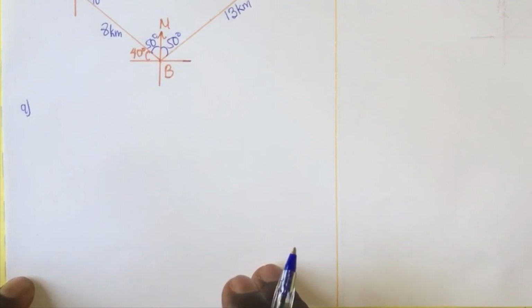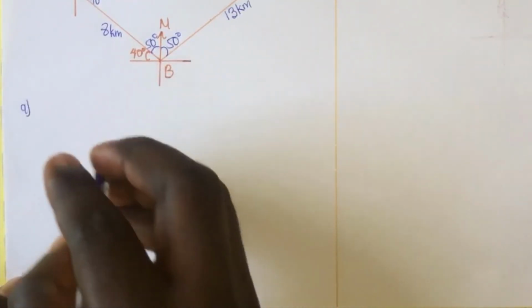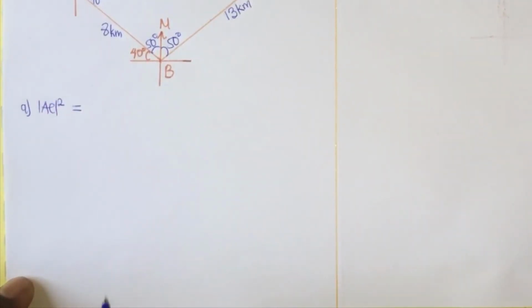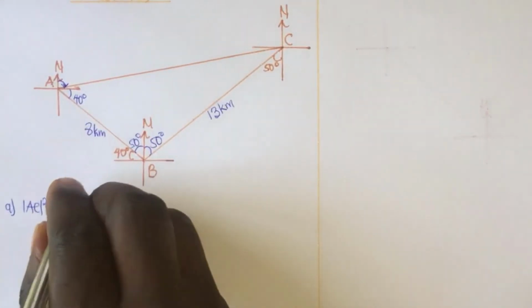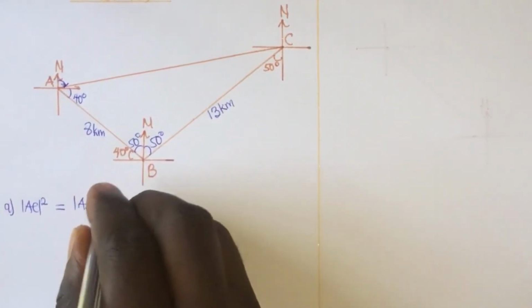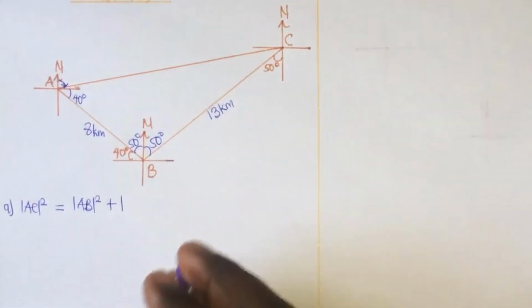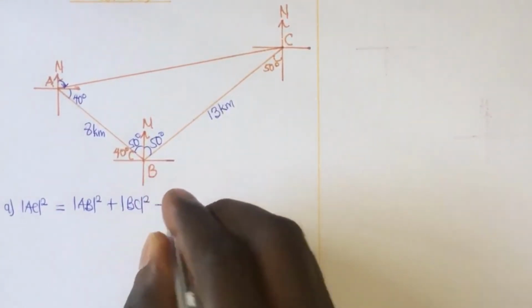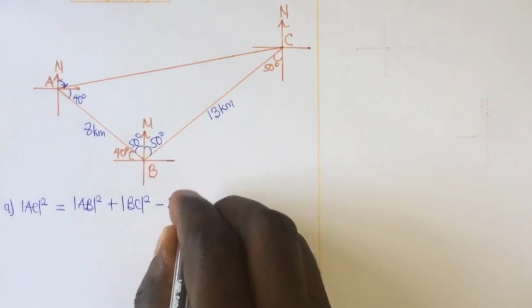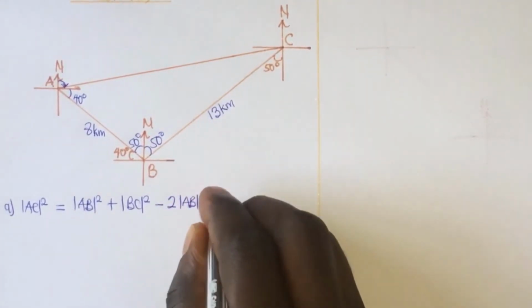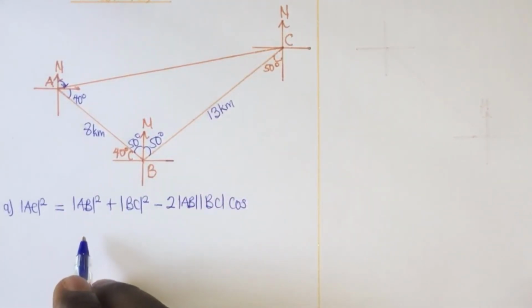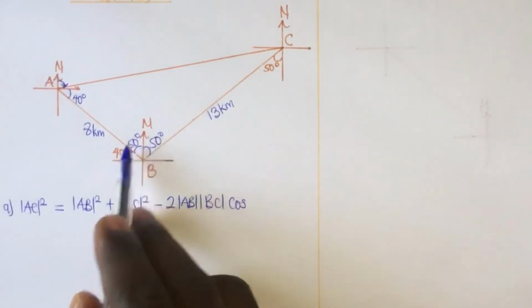And the cosine rule says that our AC square is equal to AB square plus BC square minus 2 times the magnitude of AB, the magnitude of BC, cos the angle opposite to the line AC, which is this angle.